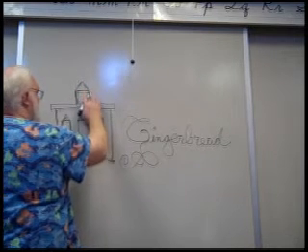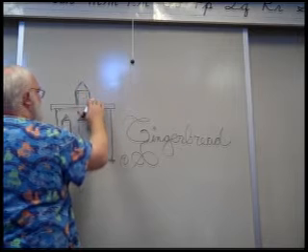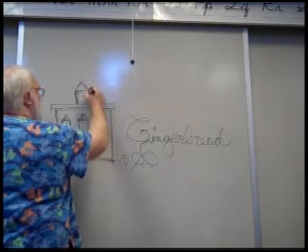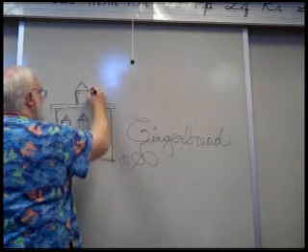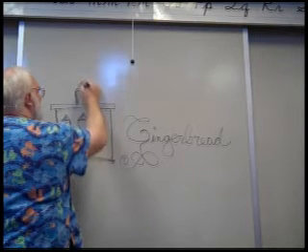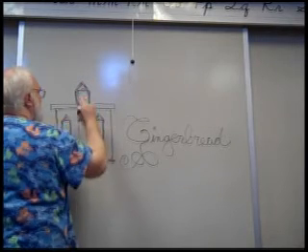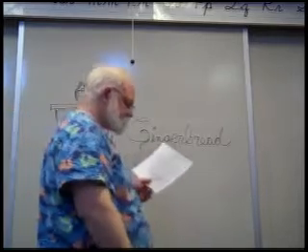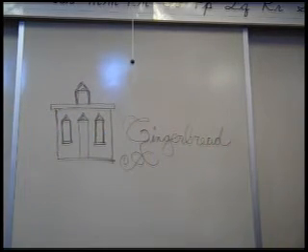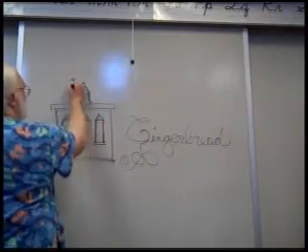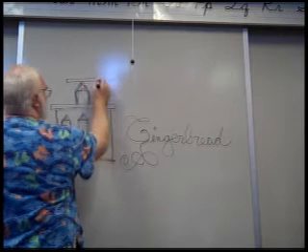Some of you probably live in houses that look kind of like this. They've started making them look sort of like this. Got another window up here, you can add another roof.